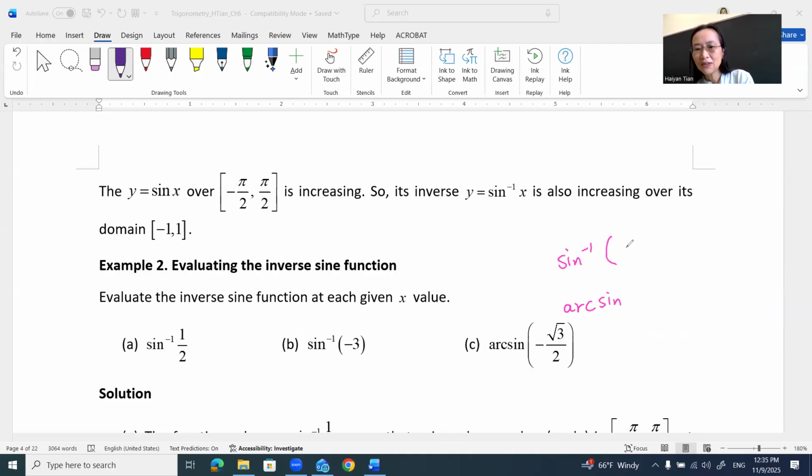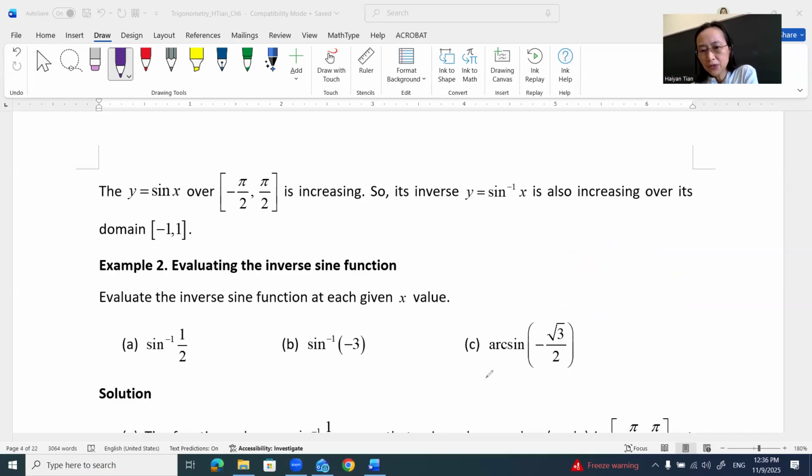So if you write sine inverse at negative square root of 3 over 2, or arcsine of negative square root of 3 over 2, it's the same expression, meaning the same.